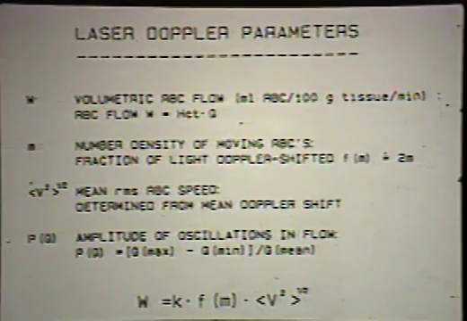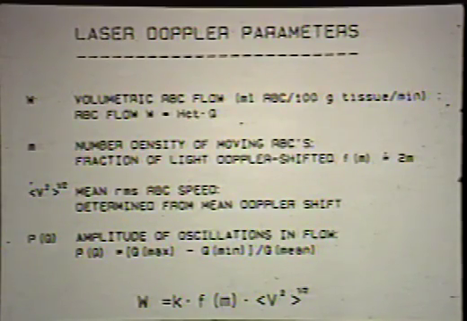The various parameters are this, quote, volumetric red blood cell flow, which is related to the red cell volume flowing in a given volume of tissue in a given amount of time.